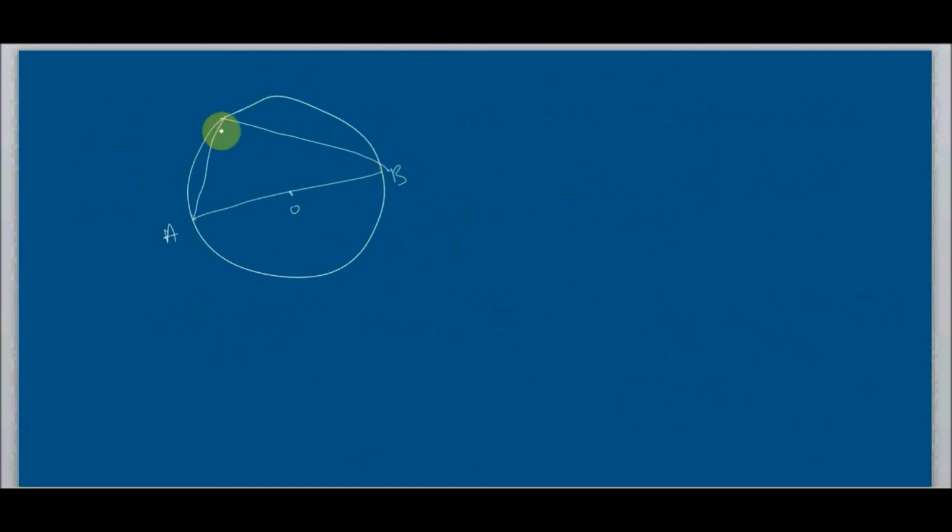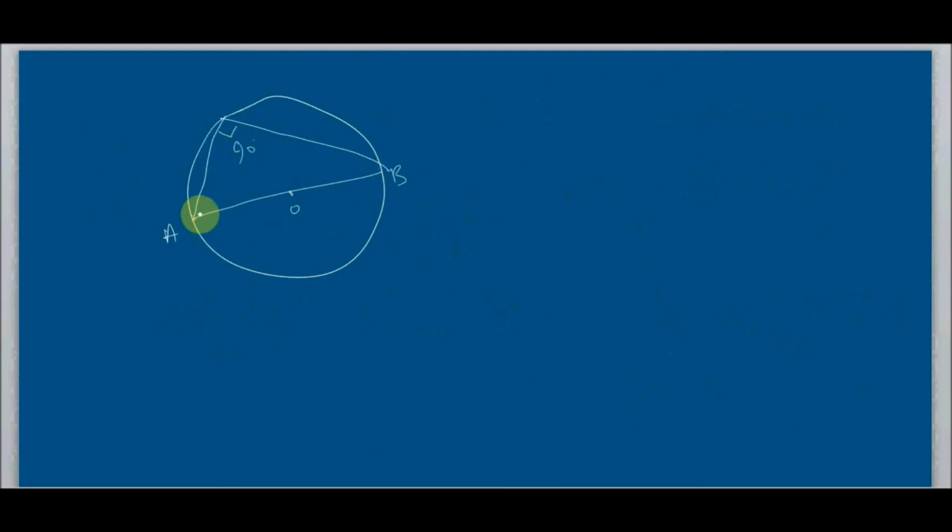Next, a theorem in the case of a circle. If AB is the diameter and this is the center of the circle, and from the two extreme points of the diameter I create an angle on the circumference, then this angle will always be 90 degrees. This will always be 90 degrees.